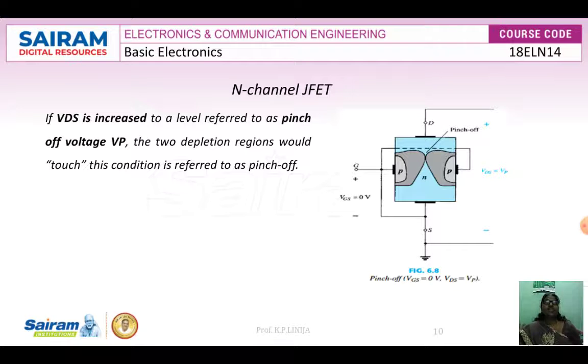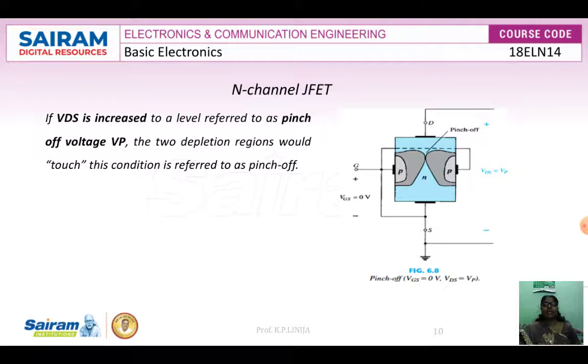Whenever more negative voltage is applied to the gate, the depletion region increases, and the device gets pinched off at an earlier stage. Now assume that VGS is equal to minus VP. Then both depletion regions will meet and no current will flow, making ID equal to 0 milliamps.